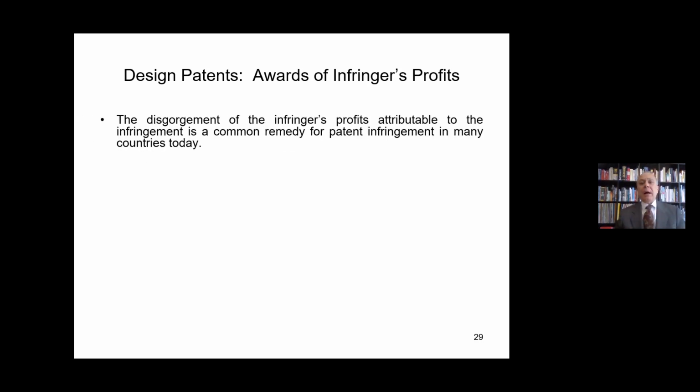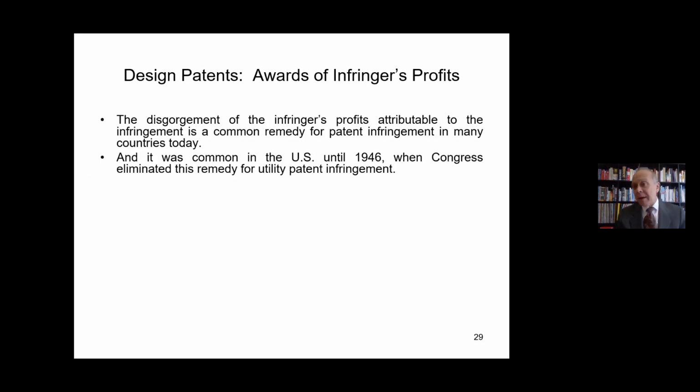Anyway, the disgorgement, as I said, is a common remedy elsewhere. And it was actually a common remedy for the infringement of utility patents in the United States until 1946, when Congress eliminated it for utility patent infringement on the theory that utility patent cases that involved a request for disgorgement of the infringer's profits were simply becoming too complex, costly, time-consuming, and just wasn't worth it.